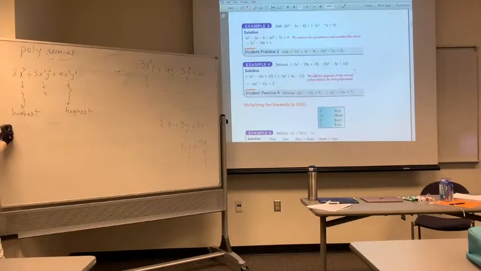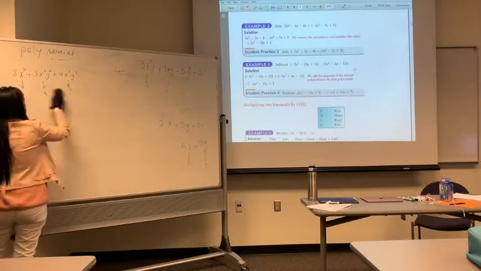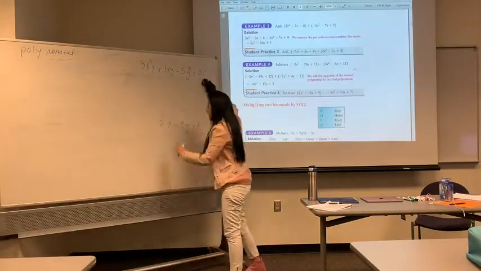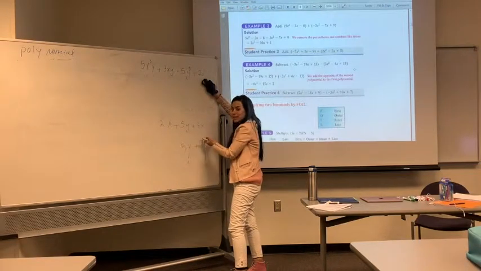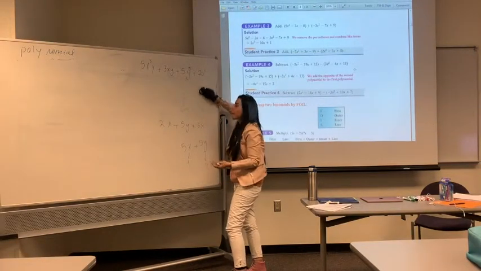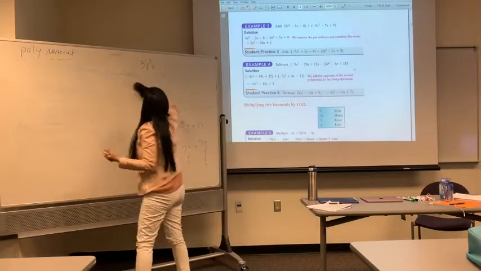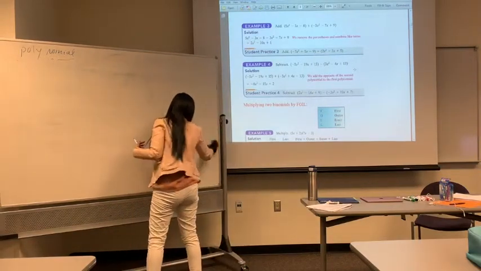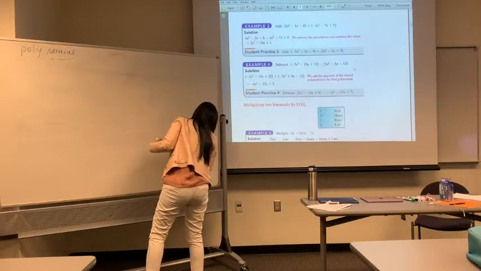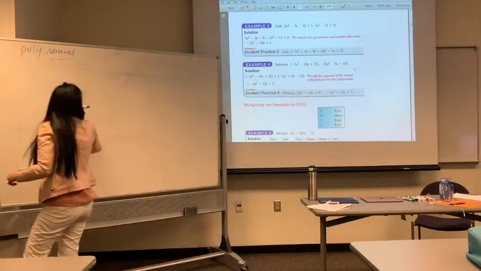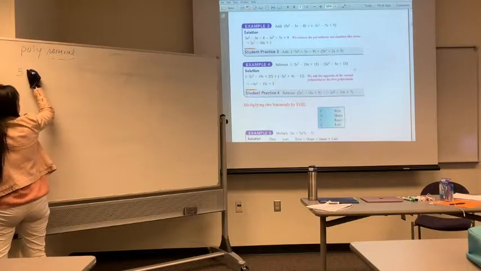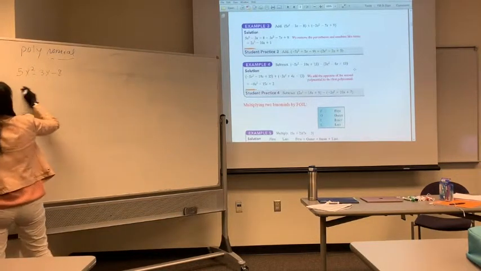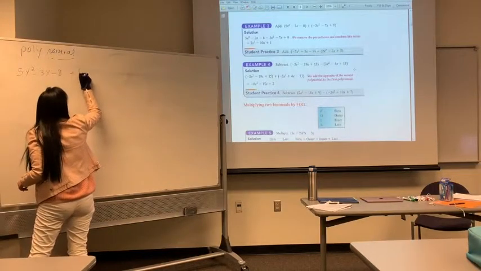Because we have 3 terms in the second parenthesis, we want to combine them. We look at the like terms. Let me write it down here. So before we combine them, I have another question also.